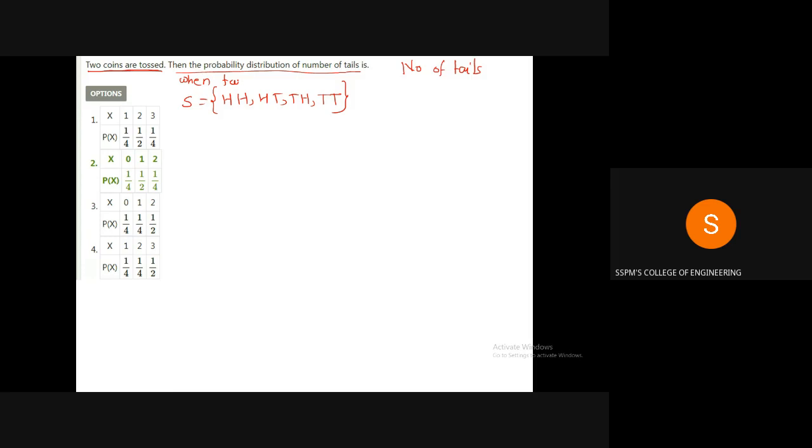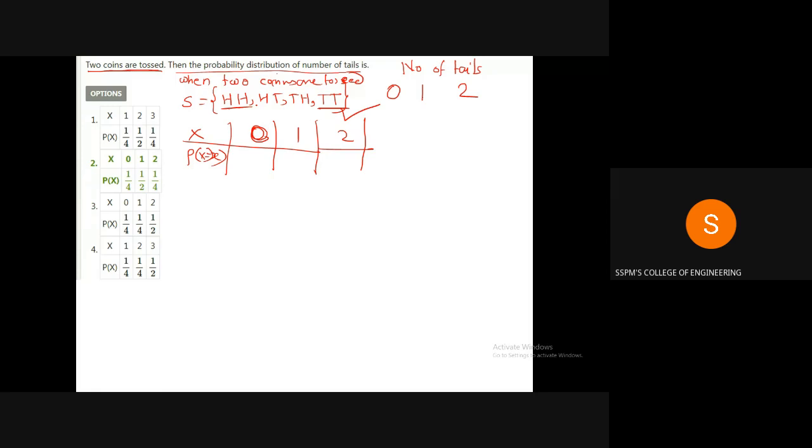Now if you look in the sample space, how many times have we got no tail? For this value we have no tail in the result. So the probability of getting 0 tails is 1 by 4. What is the total number of results, n of S? It is 4.